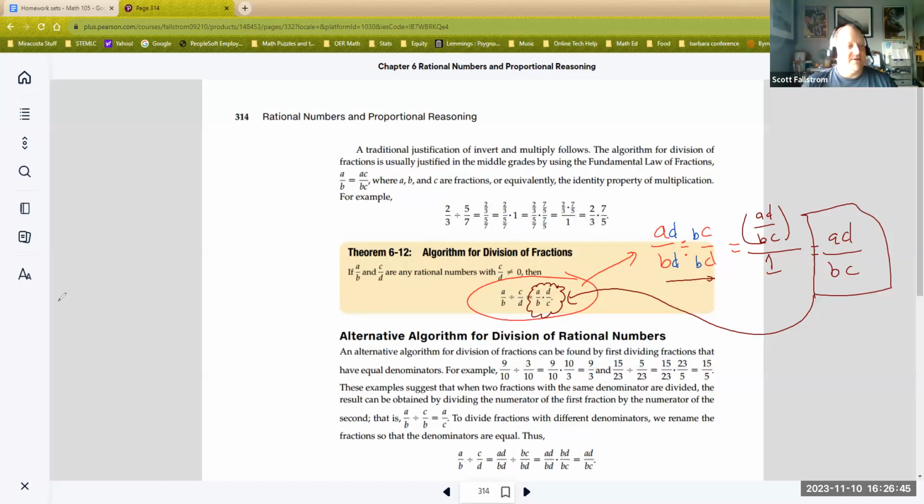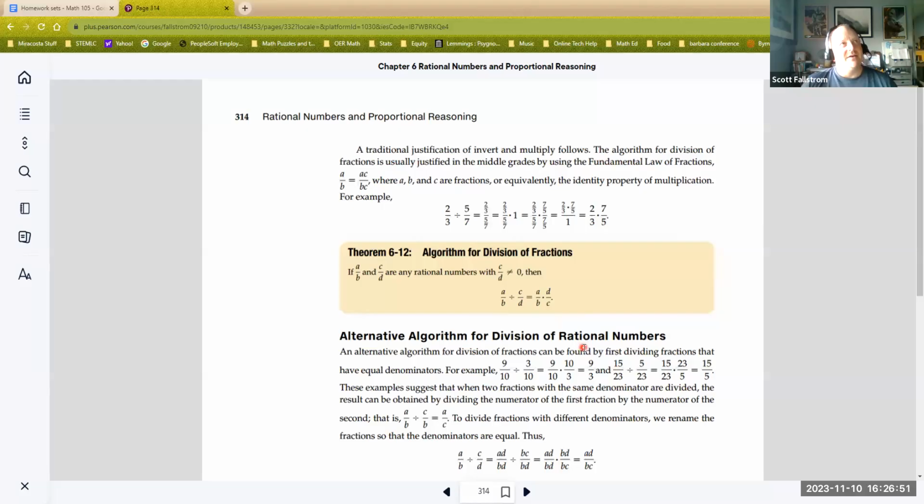But in talking, so my dad was a teacher for about 37 years, and he taught elementary and middle school in Washington State. And I remember he used to always sing songs with his students. And one of the songs for division of fractions was, when you're dividing fractions, don't ask why, you just invert and multiply.